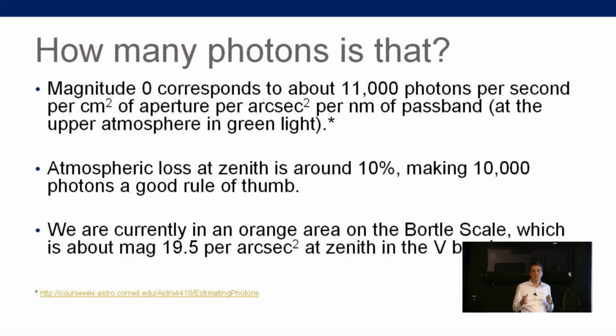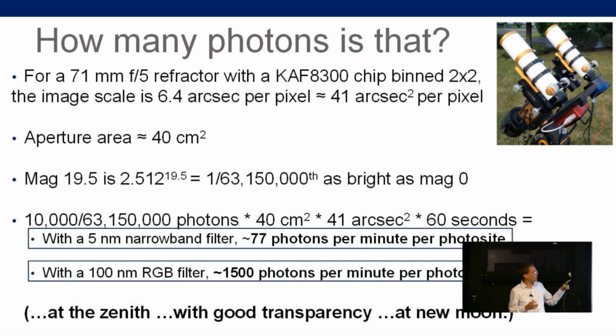How bright does that work out to exactly? If you do the math for the scopes that I showed you at the beginning, my current preferred scopes, you get about 40 square centimeters of area. I typically bin 2 by 2 when I'm shooting narrowband. You're just absolutely starved for pixels. So I bin 2 by 2 and I try to dither and make up the difference later in processing. That works out to 41 square arc seconds per pixel.